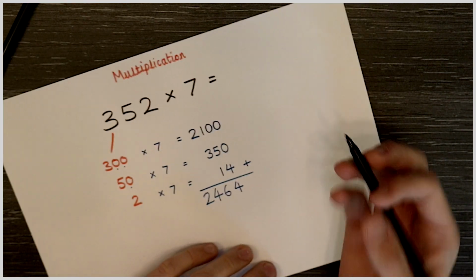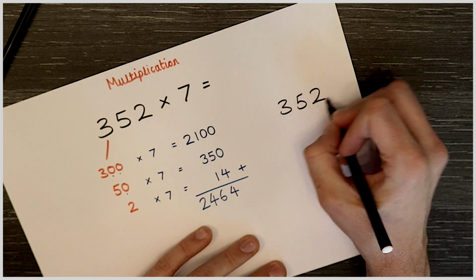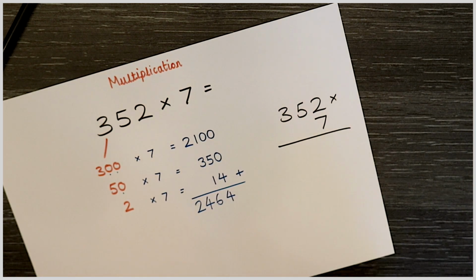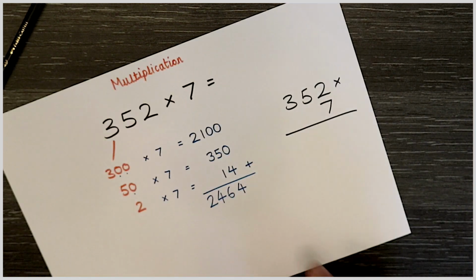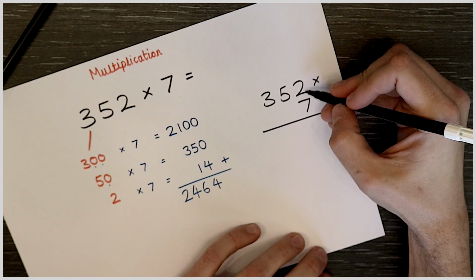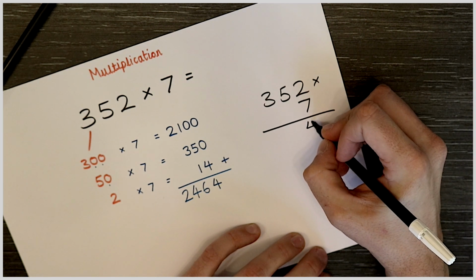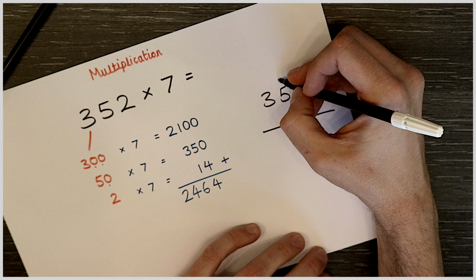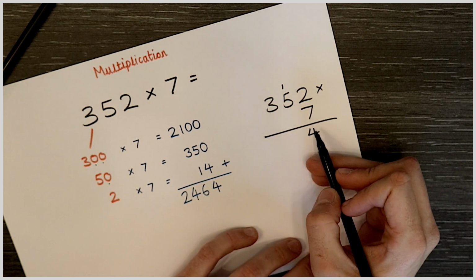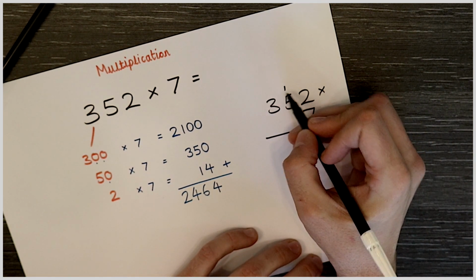So I'm going to show you the easiest one, the one that most of us do, and that's taking the number, multiplying by 7, and you lay it out much like previously with the column method in subtraction or addition. You line up your digits and you do it step by step. So you've got here 2 times 7. Well, we know that's 14. Again, I can bring that up there because I haven't got space for it there. We've got 5 times 7, 35, but we've got an extra 1 here now that we need to use.